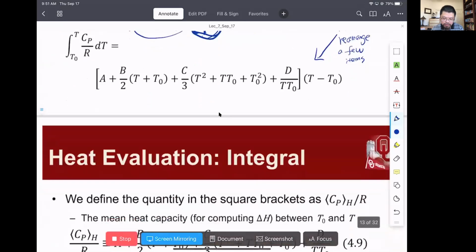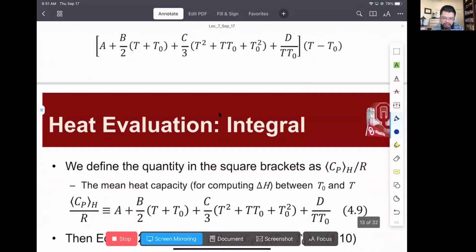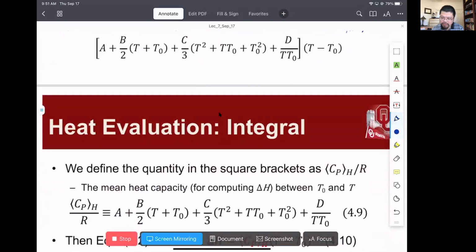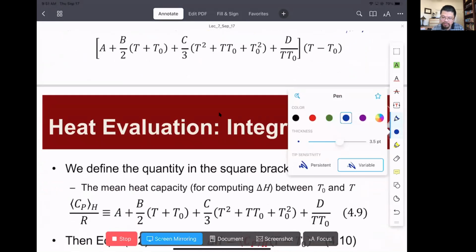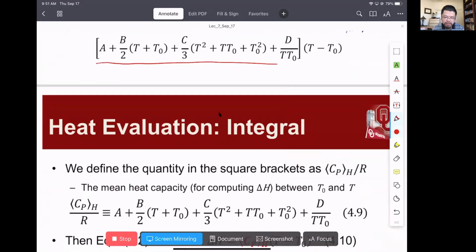If I go a little bit to the next slide, you can see that we define the whole term to be the average of the Cp, of course, over the range of T naught to T. So that is nothing special but the definition of the term.